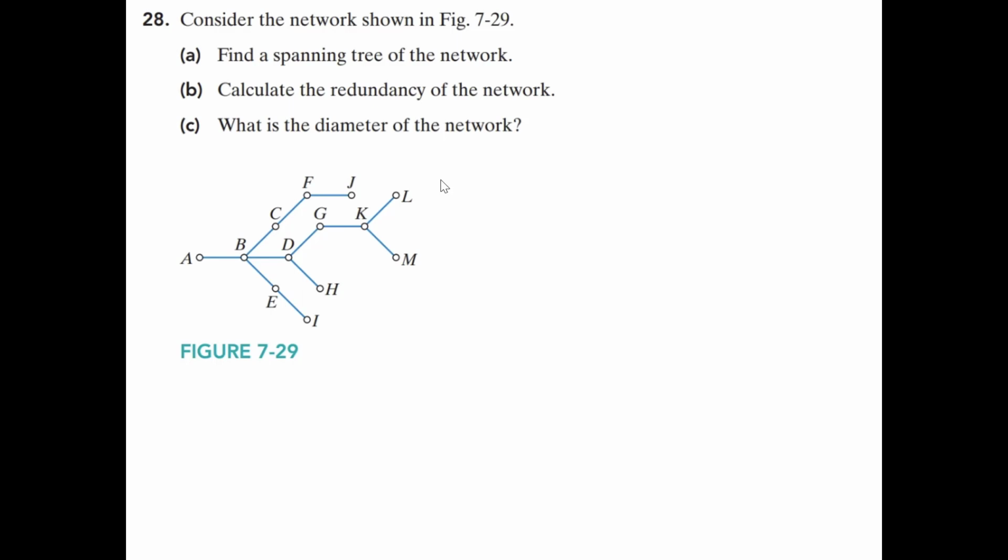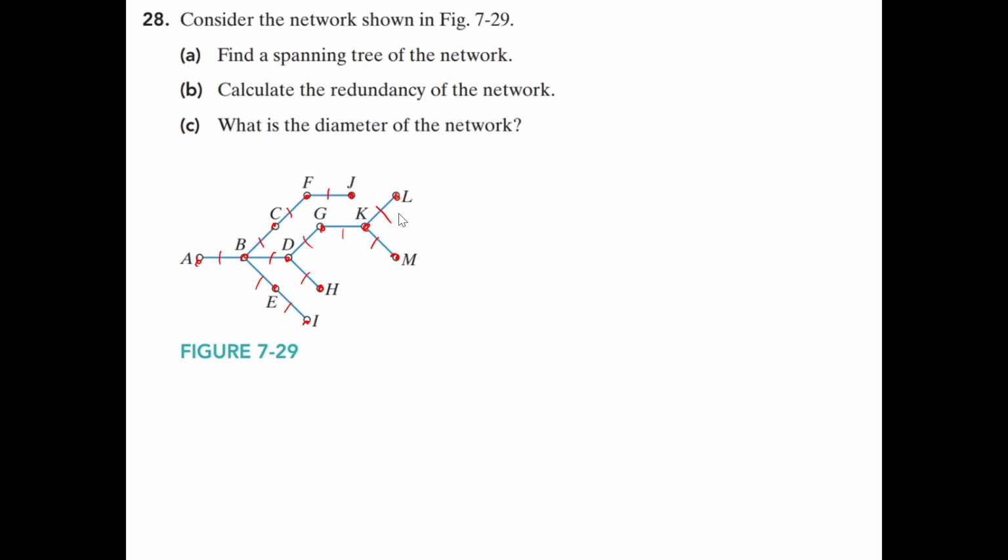Consider the network shown in figure 729. Find a spanning tree of the network, right? So if you notice, you have 1, 2, 3, 4, 5, 6, 7, 8, 9, 10, 11, 12, 13 vertices, and you have 1, 2, 3, 4, 5, 6, 7, 8, 9, 10, 11, 12 edges.